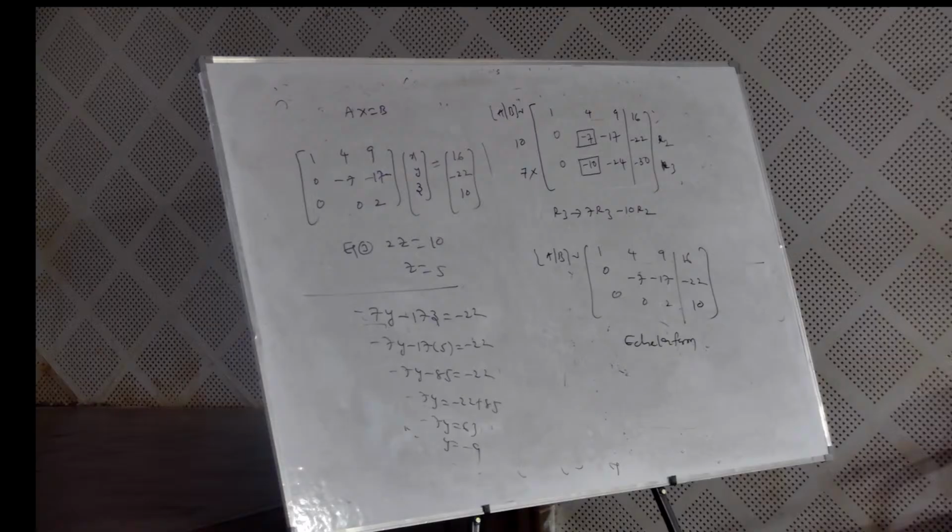Actually they are x1, x2, x3, but suddenly we took x, y, z. It's not a problem. x, y, z and x1, x2, x3 are both the same. Nothing wrong in that.